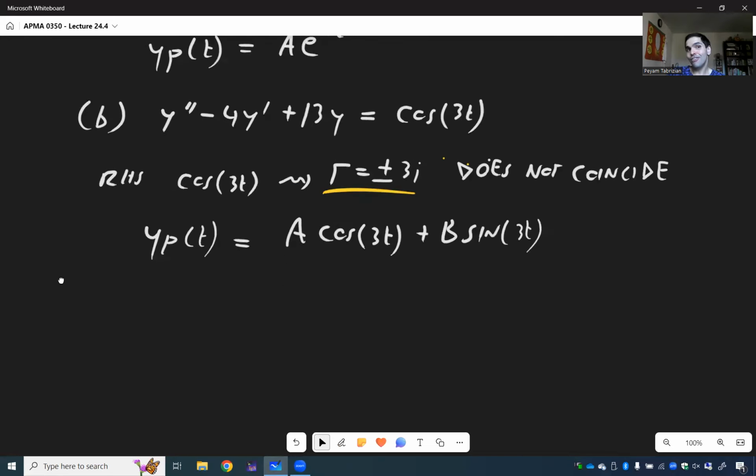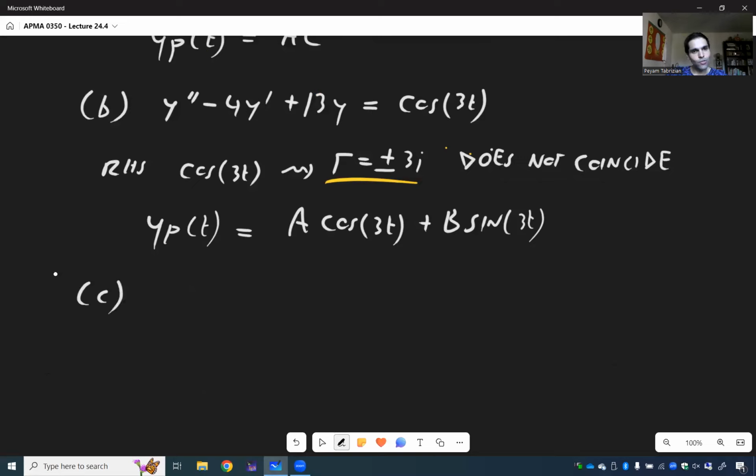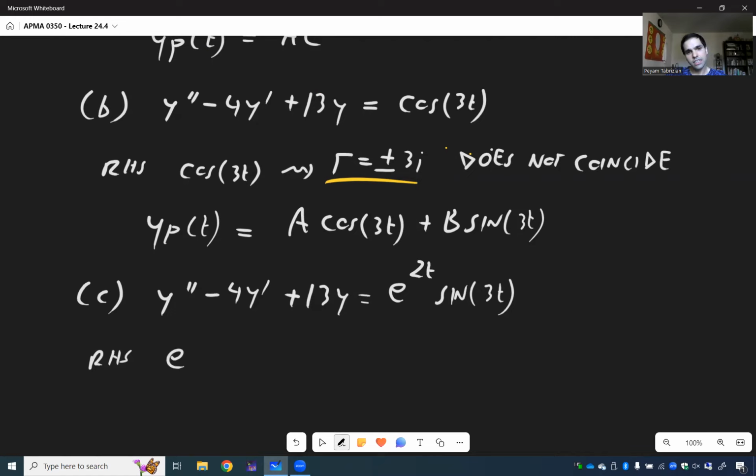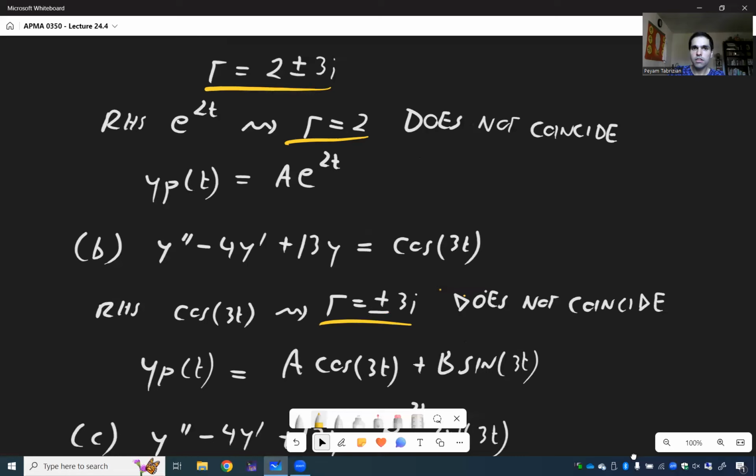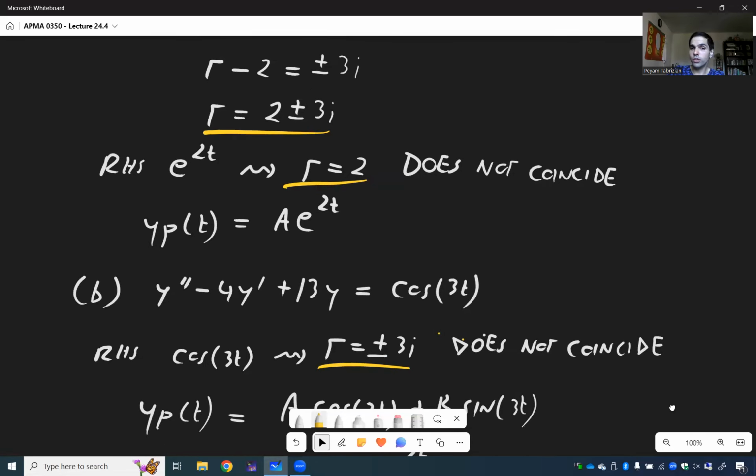And now you may have guessed it. Let's do y double prime minus 4y prime plus 13y is e to the 2t sine of 3t. Now the right-hand side is e to the 2t sine of 3t, which gives us the root 2 plus minus 3i. So 2 because of the exponential term, plus minus 3i because of the sine term. And now, if we compare, it does coincide.